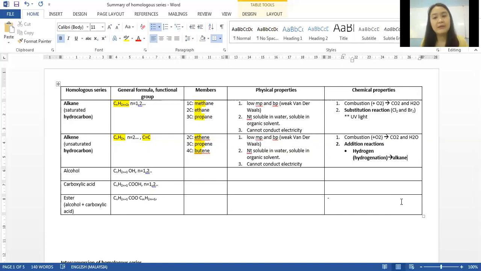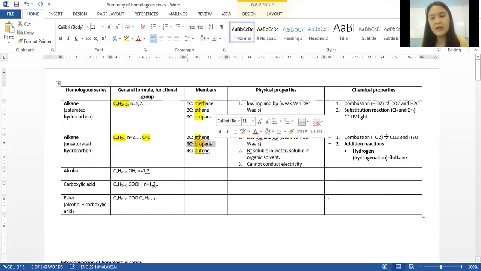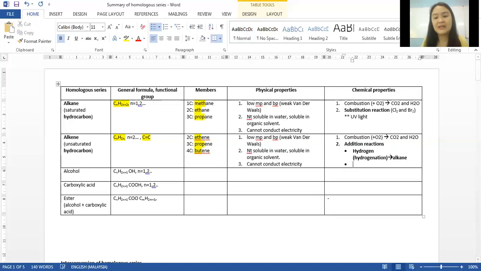Another example, the second member with 3 carbons, propene: if I perform hydrogenation, it will turn back into propane. So the key idea is that when you perform hydrogenation, you turn alkene back to alkane.